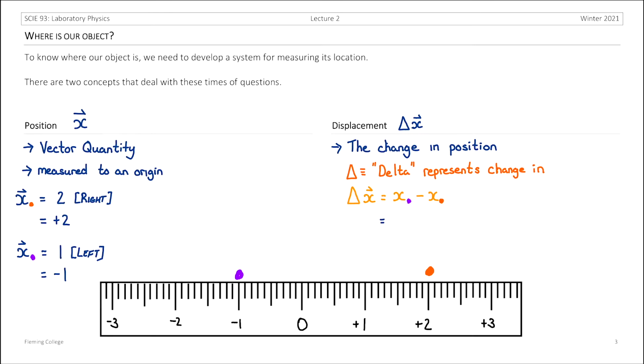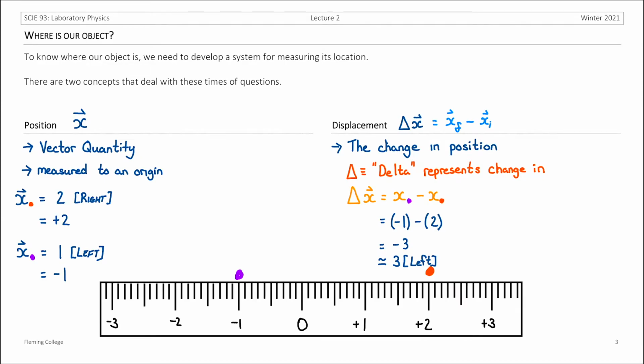If we sub these values into our equation, we see that the displacement between the orange and purple dots is -3, which we would interpret as 3 to the left. The convention here is stating that we ended at the purple dot and started at the orange dot. So every time we calculate a change in, we calculate it as the final position, so where we are, minus the initial position.